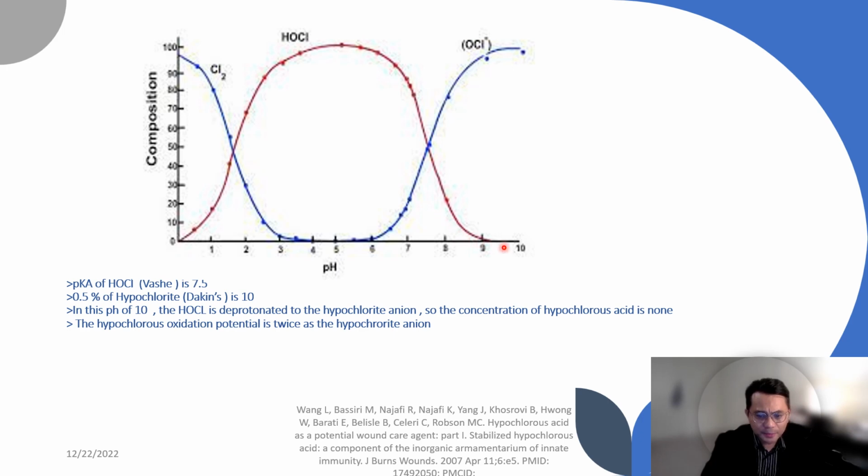As you increase the pH, like what's happening in a hypochlorite solution at a pH of 10, if you look at this graph, the concentration of hypochlorous acid is zero, nada, none, because hypochlorous acid is already deprotonated to the hypochlorite side. I also want to mention that the oxidation potential of hypochlorous acid is twice that of the hypochlorite anion, so its ability to kill bacteria is twice as effective as the hypochlorite anion.